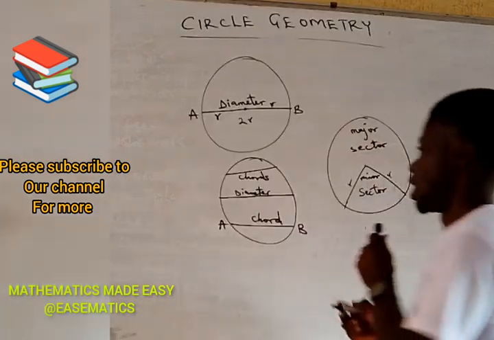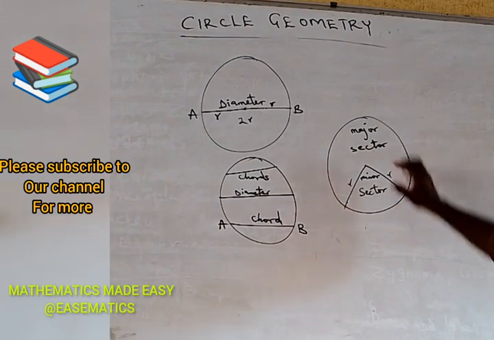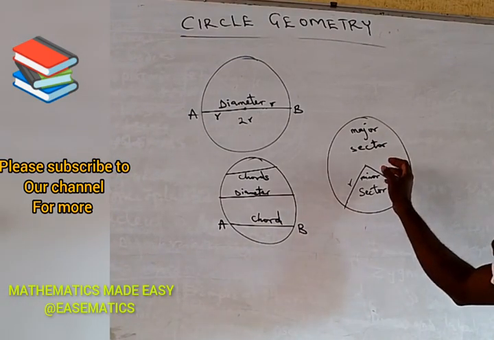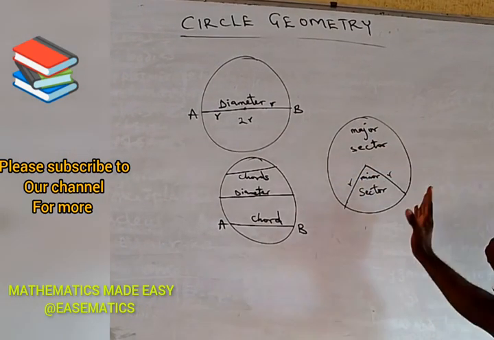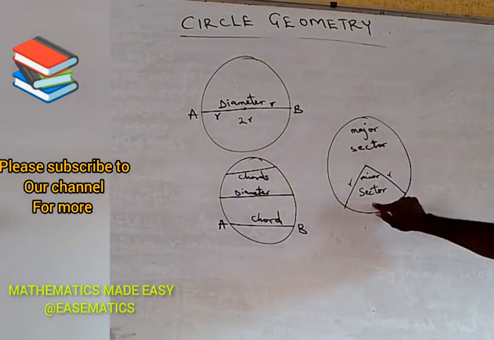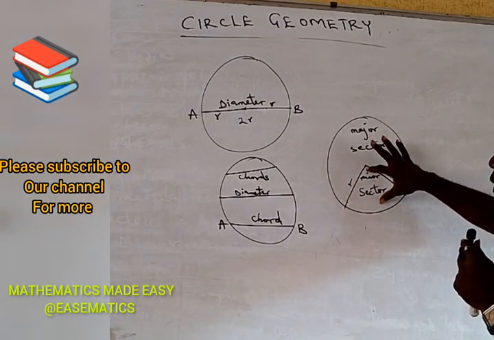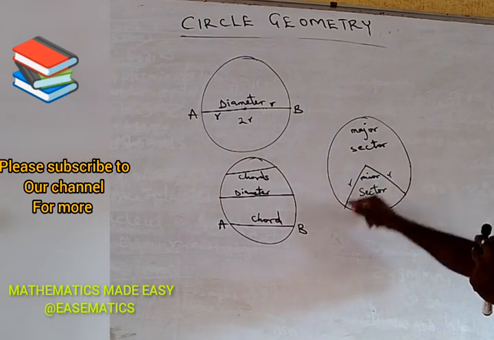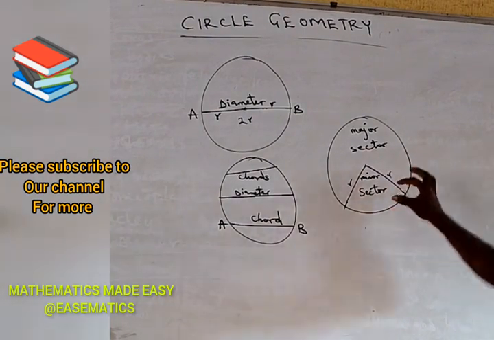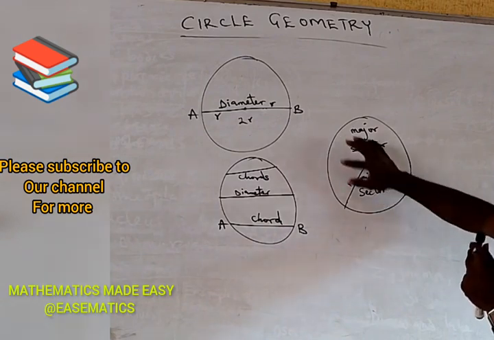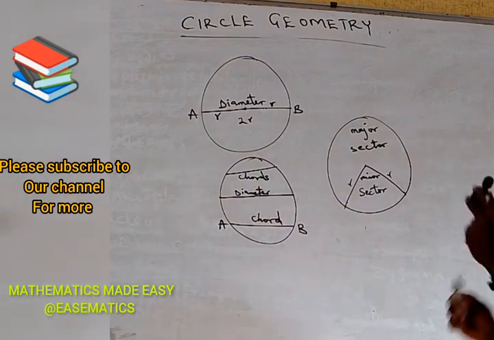Just as you may have in any other aspect of sciences, this is bigger, this is smaller, just like superlative and comparative. So the smaller inner section cut out when two radii of a circle join at different ends of that circle is called the minor sector, while the bigger inner section is called the major sector.